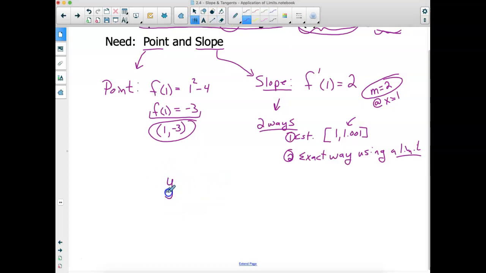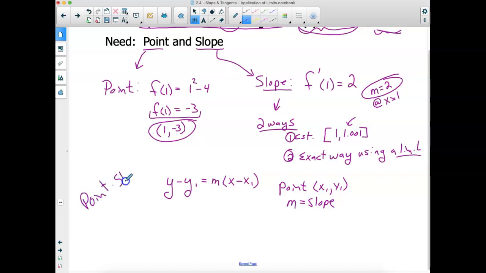I like a different way. I really don't care. If you want it easy, you're going to change your ways. This is called point slope form of a line, okay?